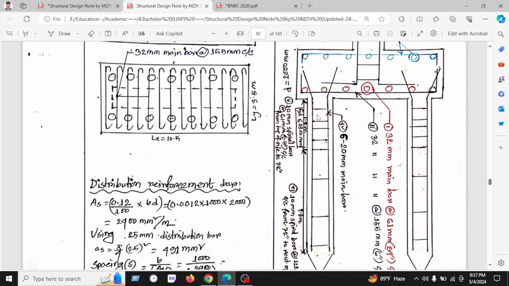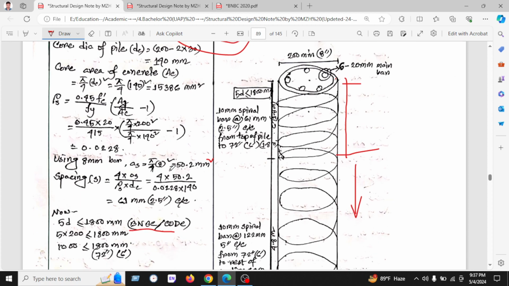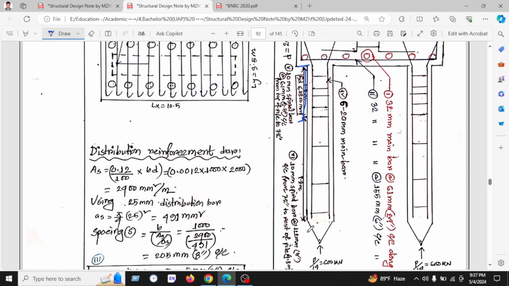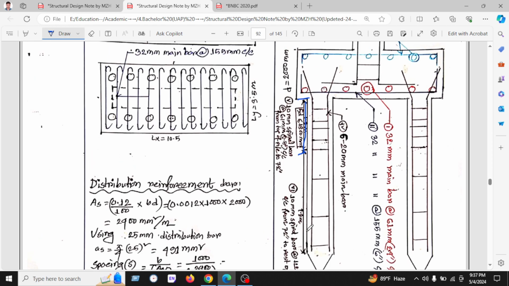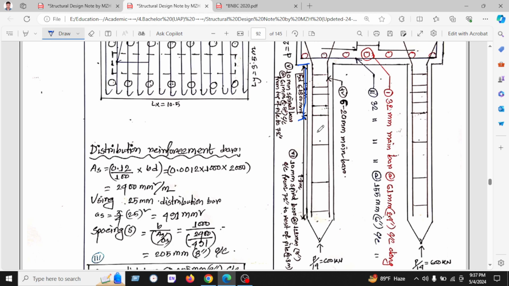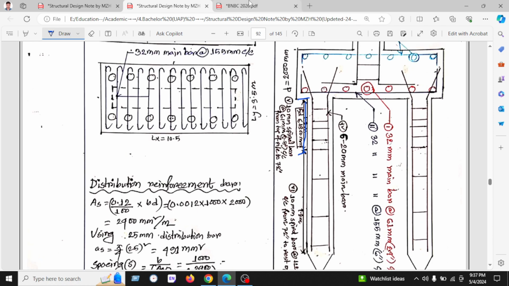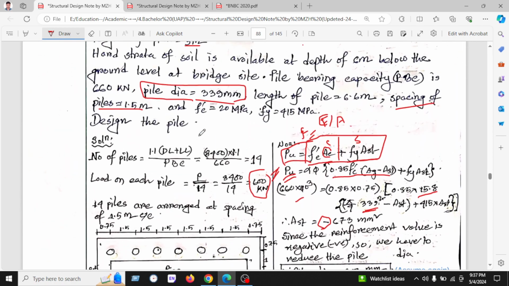So this is the 5D. We will use the calculated spiral reinforcement, and for the rest of the portion we will use 5 inches center to center as an economical design. And we also find the minimum main reinforcement is 6 bars of 20 millimeter. Now this is our pile design.